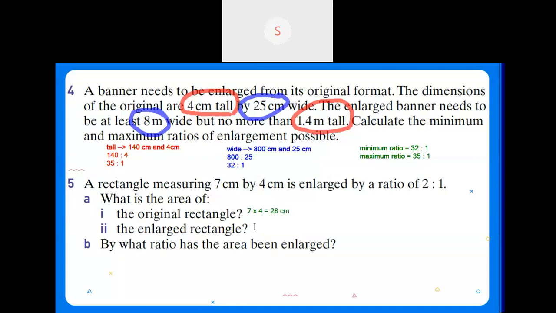And for the enlarged rectangle, 2 times 7 equals 14 centimeter, and 2 times 4 equals 8 centimeter.